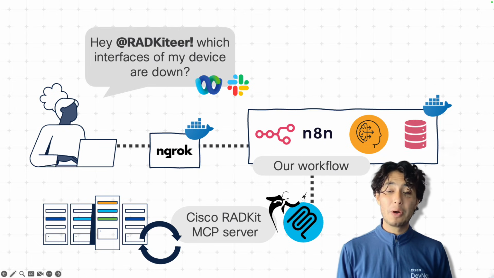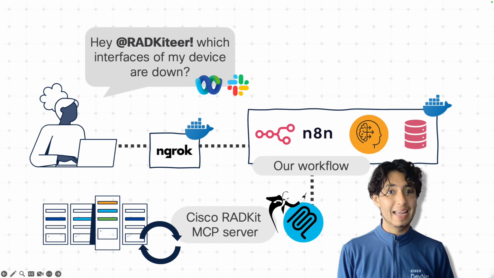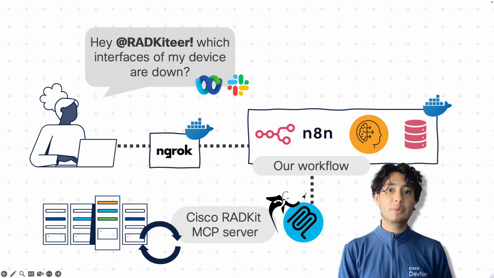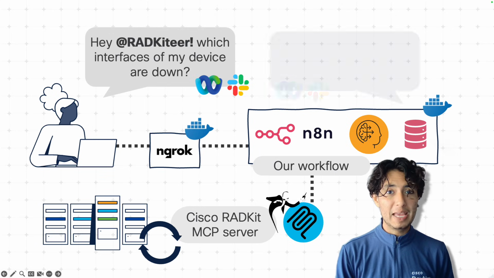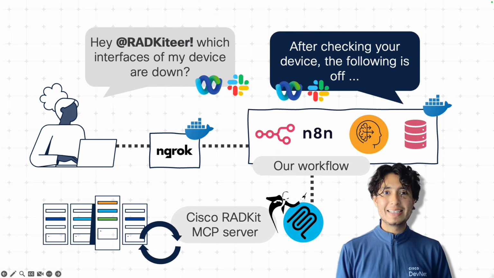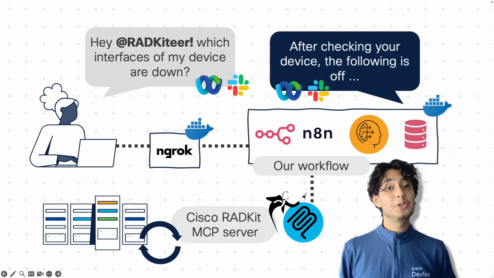And the RADKiteer will relay those messages, triggering our workflow environment in n8n, bringing those queries to our MCP server for RADKit, and bringing that information back. So that at the end of this execution, RADKiteer makes our network automation wishes come true.